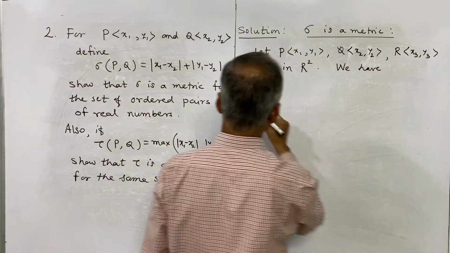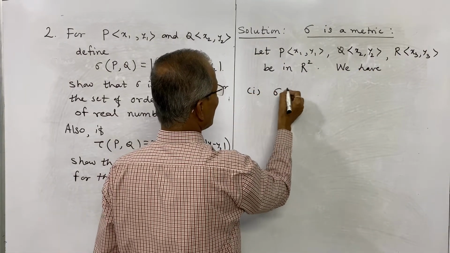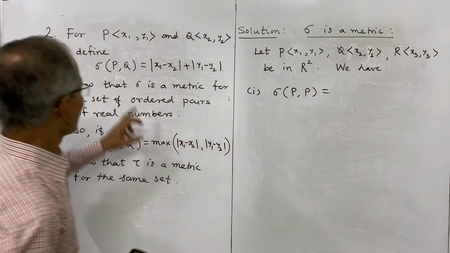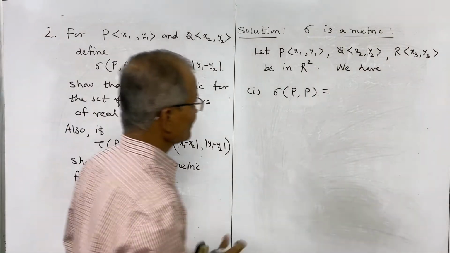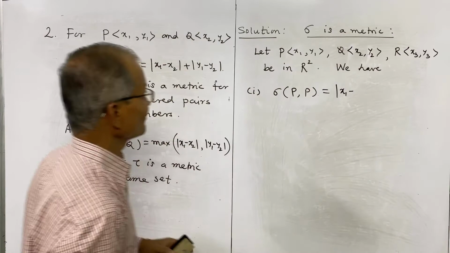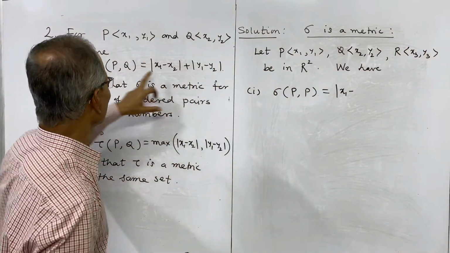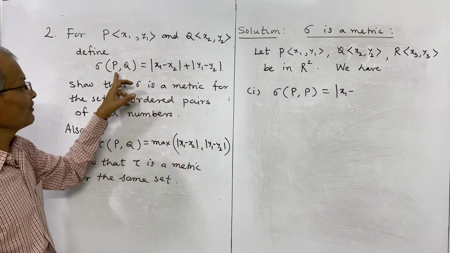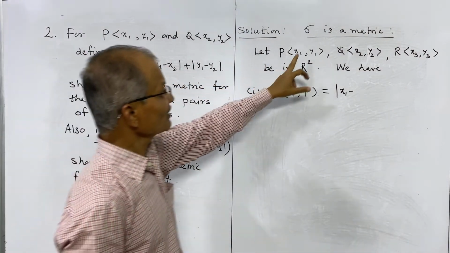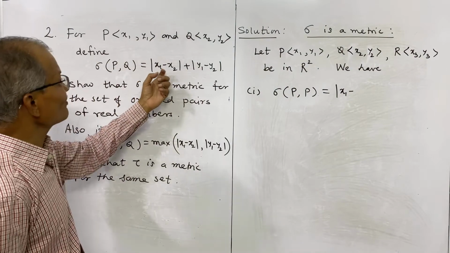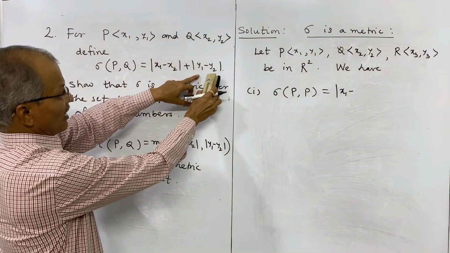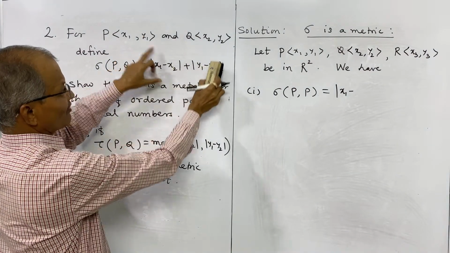First, sigma of P and Q by definition. See, it is absolute value of x1 minus x1, because we are considering the sigma between P and P. In place of Q, there is P, and therefore the definition is absolute difference in x coordinate, x1 minus x2, plus absolute difference in y coordinate, y1 minus y2.